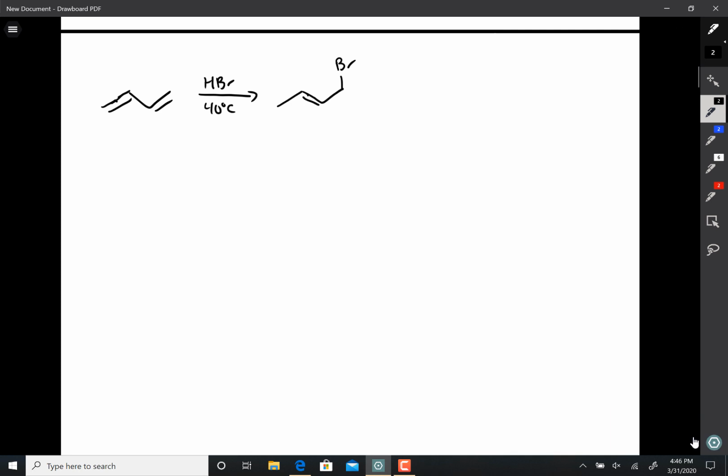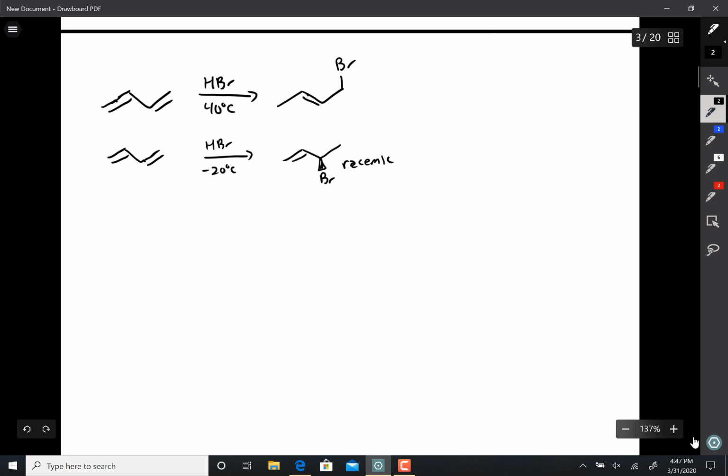When you do this reaction at a much lower temperature, say minus 20 degrees, the major product is this. That's because this happens to be the thermodynamic product, and this happens to be the kinetic product.